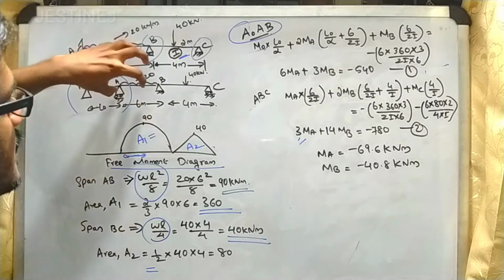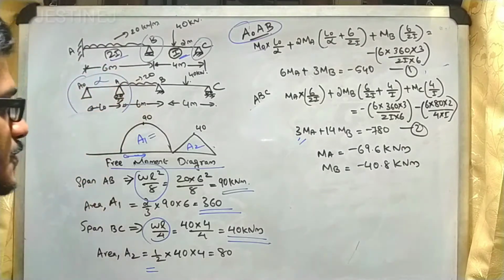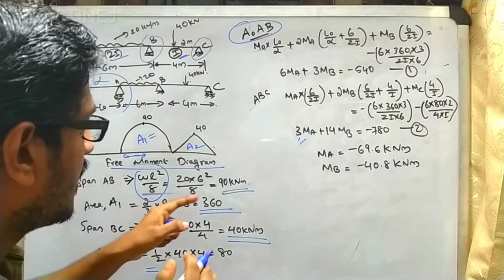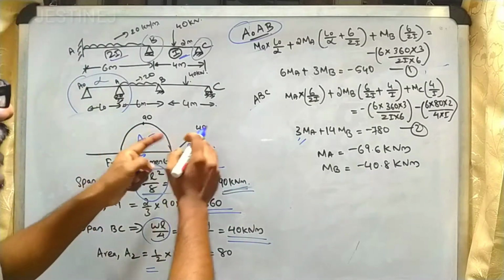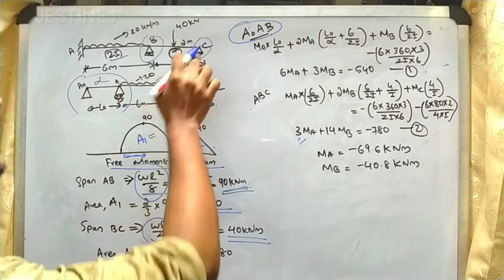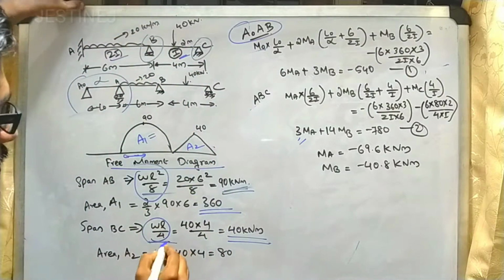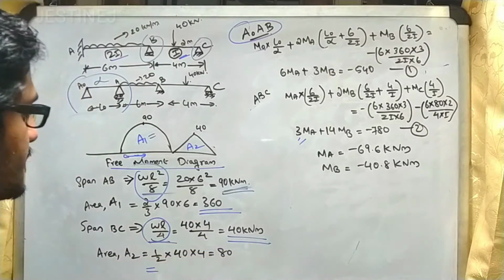In the second portion, a simply supported beam with a UDL of magnitude 20 is acting, so you can directly write WL square by 8, and you get 90 kilonewton meter. In the BC portion, the point load acts at the center, so apply WL by 4 and you get 40 kilonewton meter.